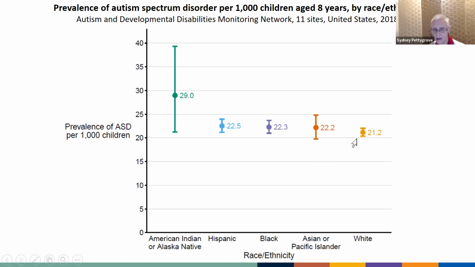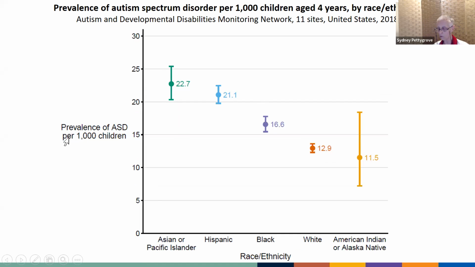And in fact, if these populations were being selectively left out, you would expect that they would have lower prevalence, and that really isn't what we've seen here. And again, these tiny little error bars on the white prevalence estimate are reflective of the fact that that's actually the biggest population we have.